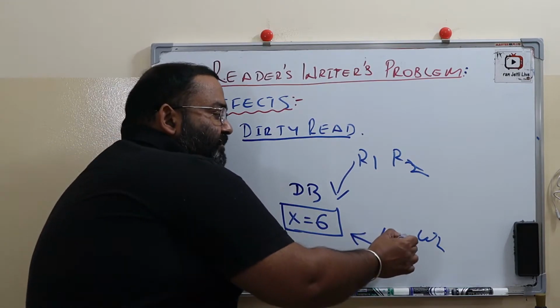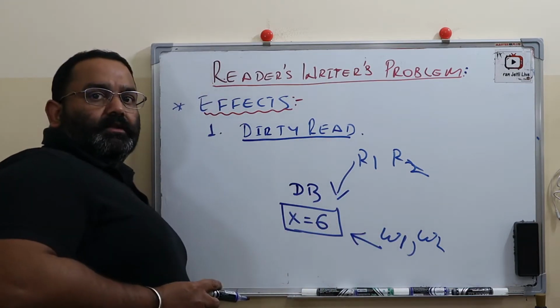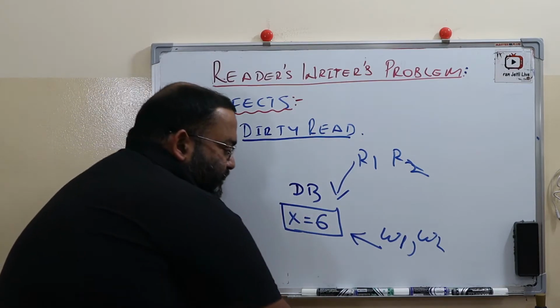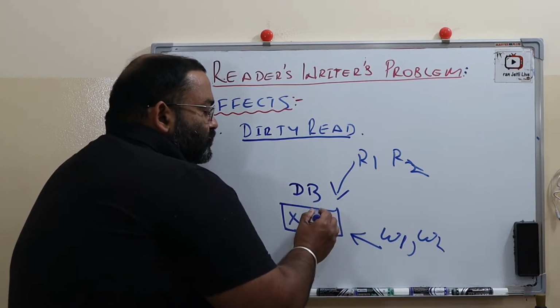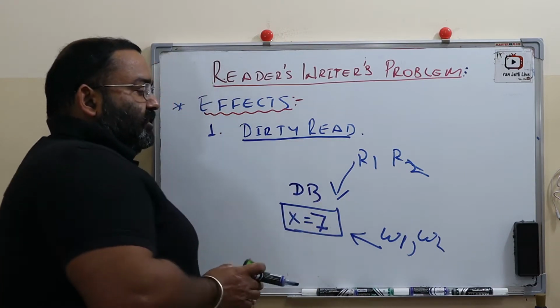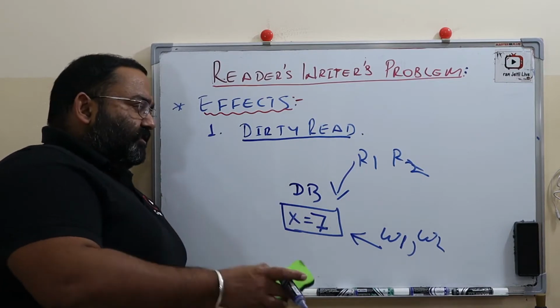Suppose my writer W1 is trying to update the value of x from 6 to 7.